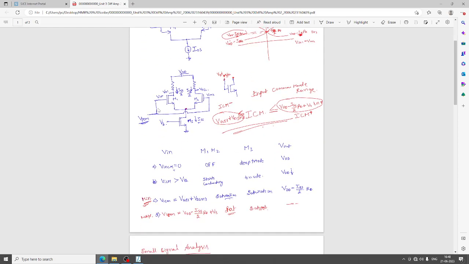So, this input common mode, to ensure the transistor M1 is in the saturation region, the minimum value VICM should be equal to VGS1 plus VDS of this transistor. This we have discussed in the DC analysis. So with this we have taken this expression, which is VICM, input common mode minus, should be equal to VGS of this M1 transistor plus VDS of M3 transistor.